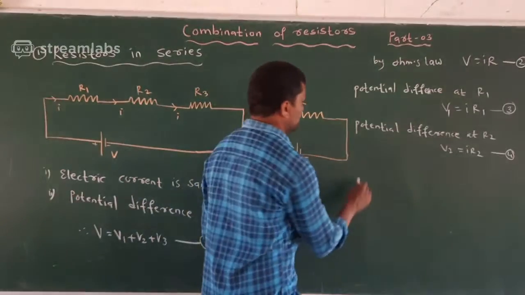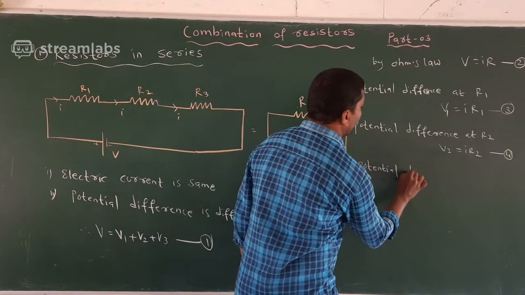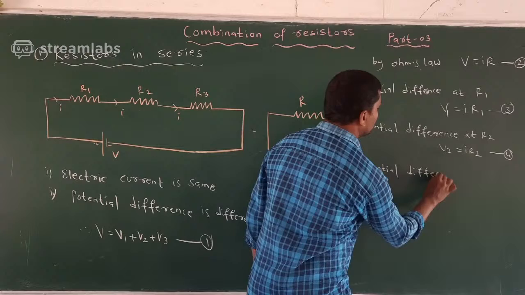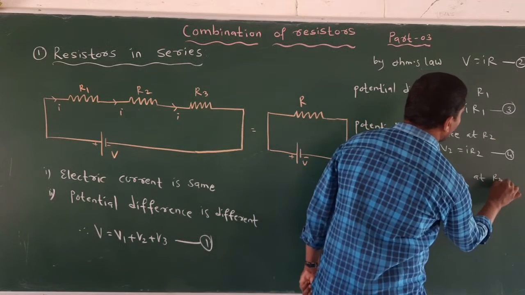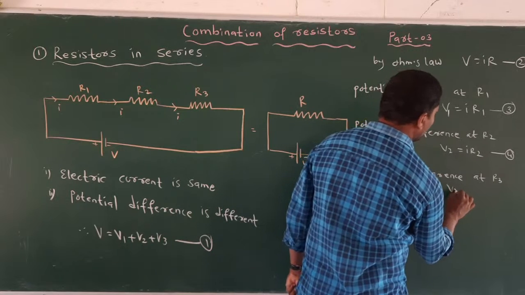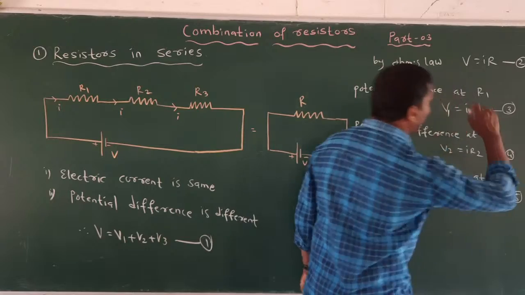Next, the last one, the potential difference at the R3 resistor: V3 is equal to IR3, equation number 5.